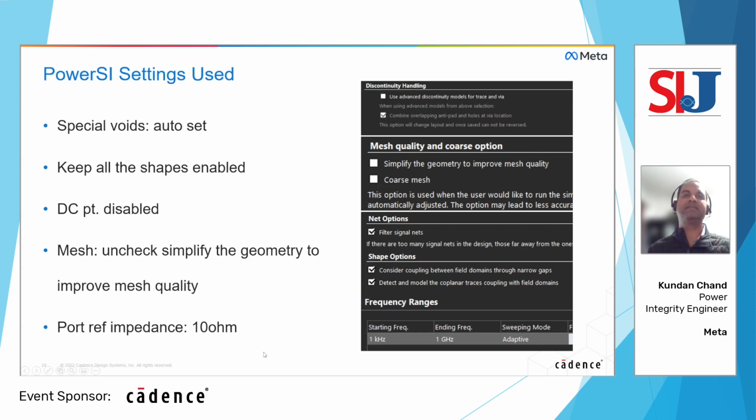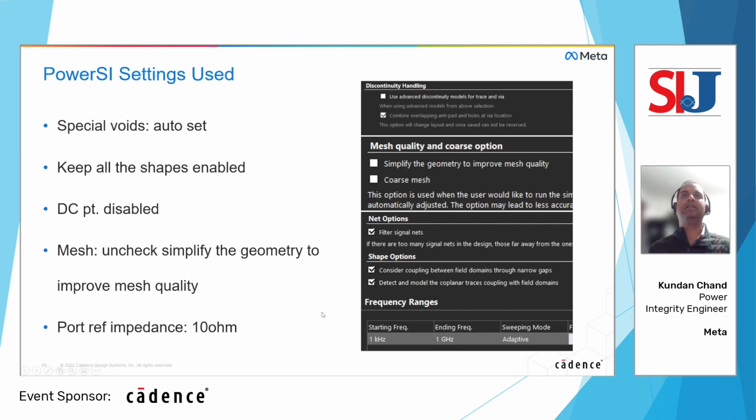The port reference impedance we used was 10 ohm. We could use 100 milliohm or so, but we just stuck to this. I think that was also suggested by the AE. And these were some of the other options I mentioned: we use adaptive sweeping mode, and we enable coupling between field domains and coplanar trace coupling.